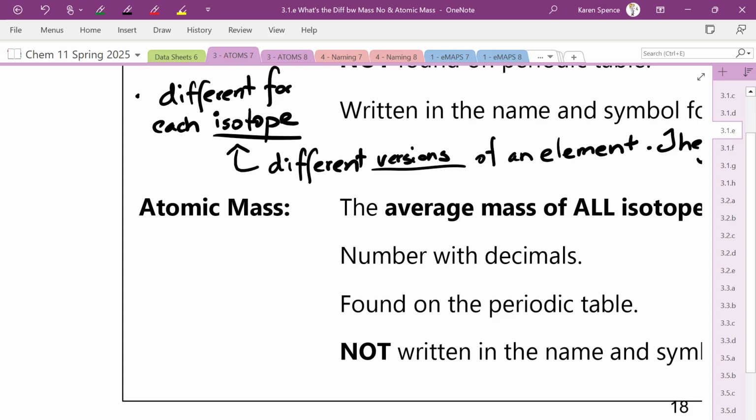But that's not how we take an average to find atomic mass, the average atomic mass. And it's not how I take the average of your grades. I have had people add up their tests and their quizzes and their homework and their labs and divide by 4.